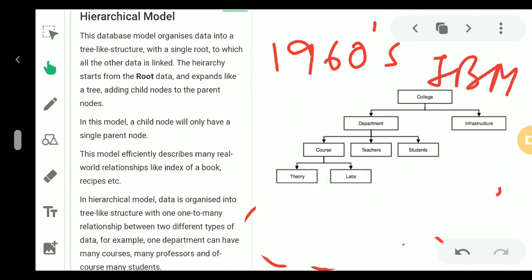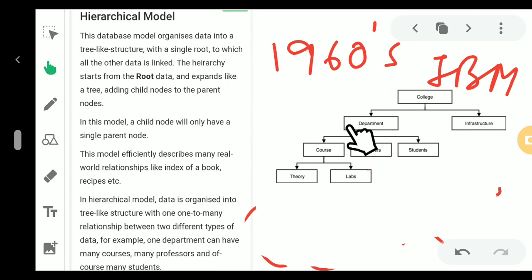All records in a hierarchy are called nodes, and each node is related to the next in a parent-child relationship. Course has the department as its parent. The record that owns other records is called a parent record, because the department owns the records of course, teacher, and student.